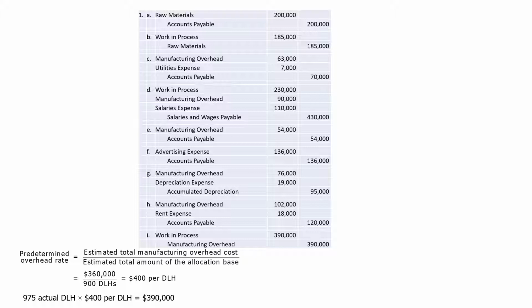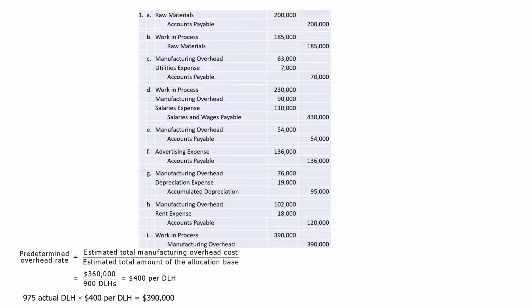In C, utility bills were incurred, $70,000. 90% relate to factory operations and the remainder relate to selling and administrative activities. Well, then 90% of the bill, or $63,000, will be debited to that manufacturing overhead account, which is just a transfer account.